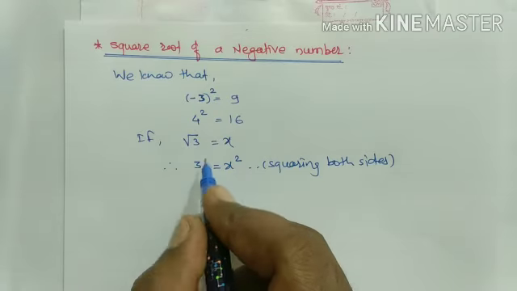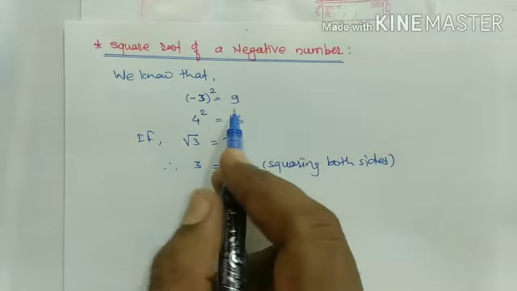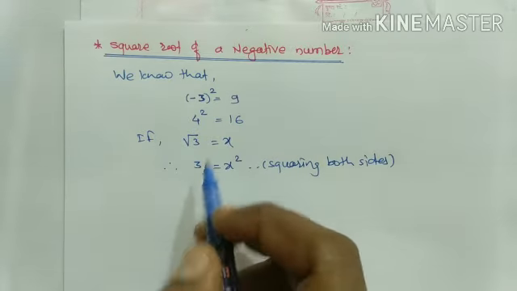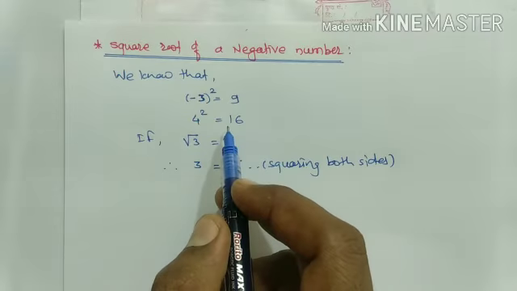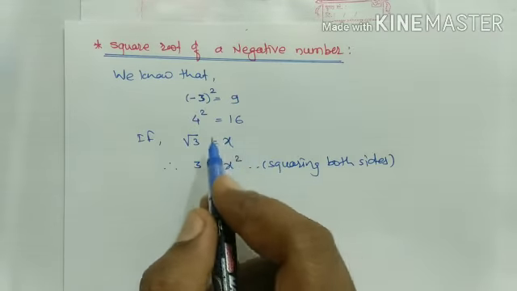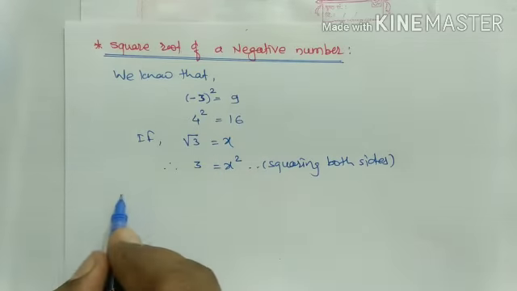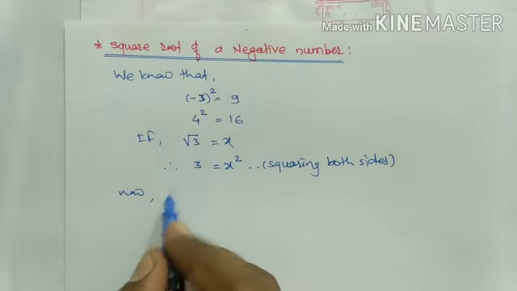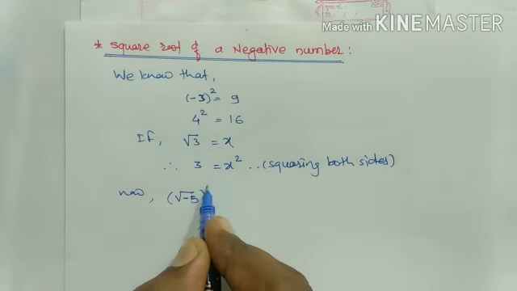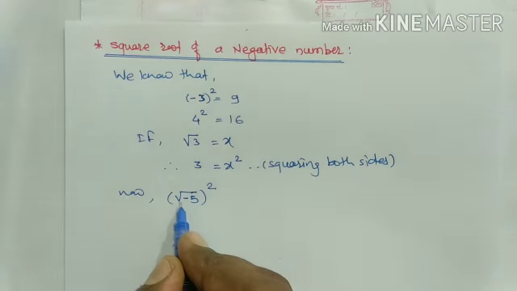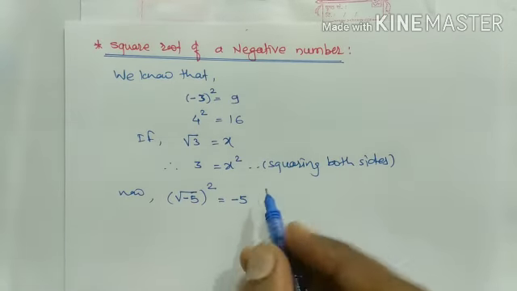It means that the square of any real number is always a non-negative real number. It means that the square is always a positive number. Now see, the square of under root -5 equals -5.